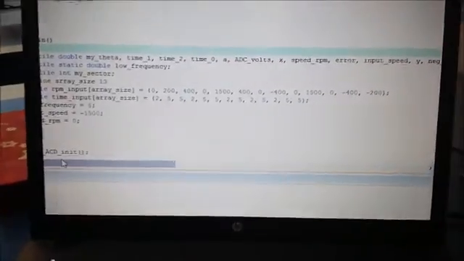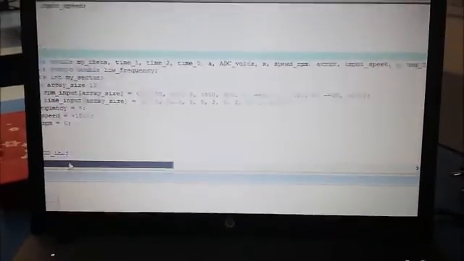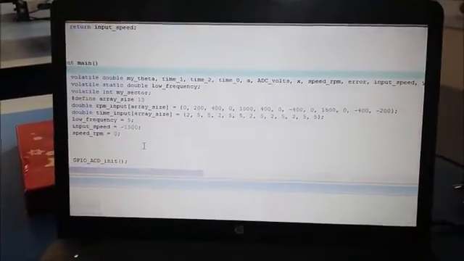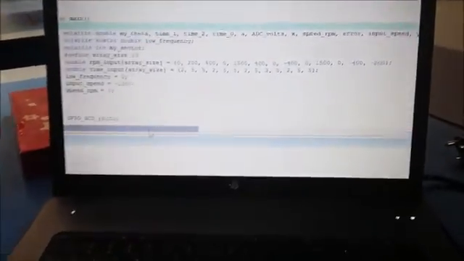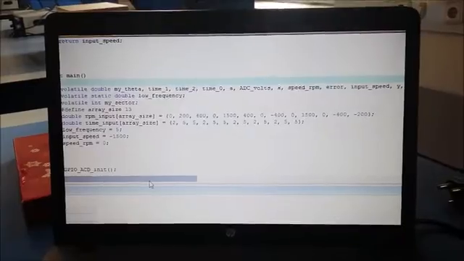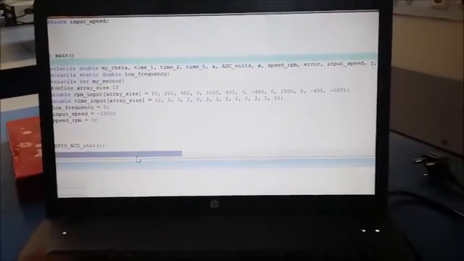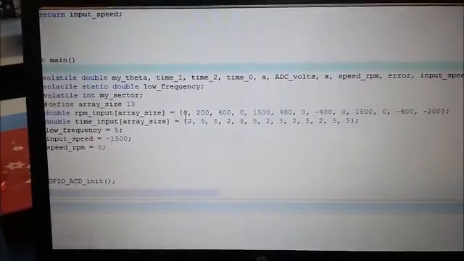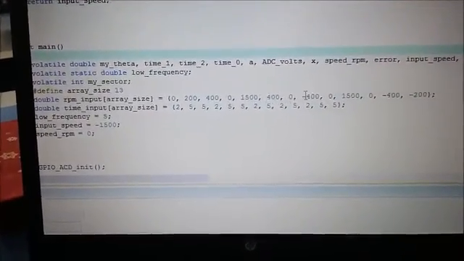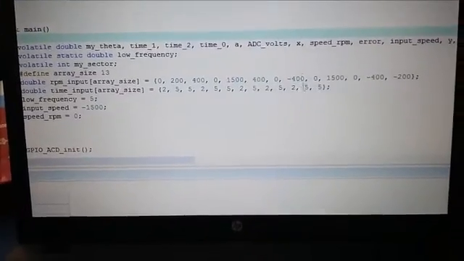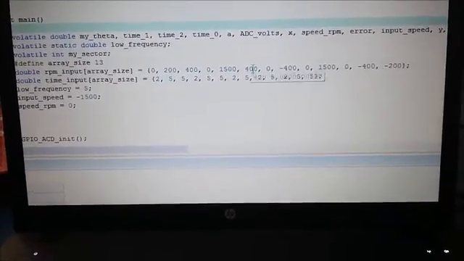Now let's introduce the next functionality, which is the programmed AC drive. Here you can see that we have two arrays. First array corresponds to the magnitude of the speed at which our motor will be running, and the second array corresponds to the duration for which the motor will be running at that speed. For example, we can look at the first entry here, which is about 200 rpm.